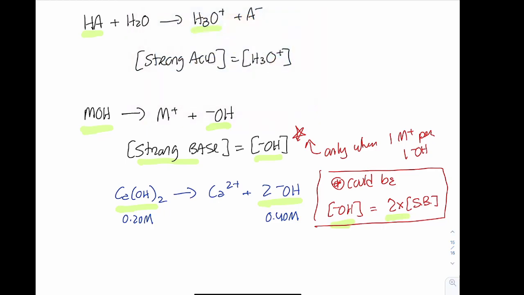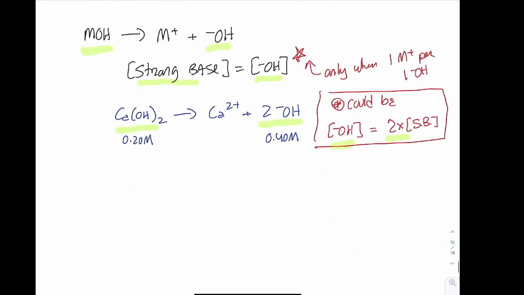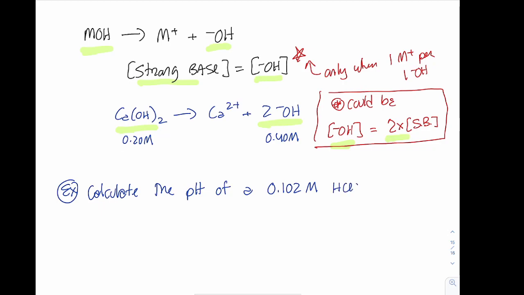So let's look at some examples here. We're going to calculate the pH of a 0.102 molar chloric acid solution.